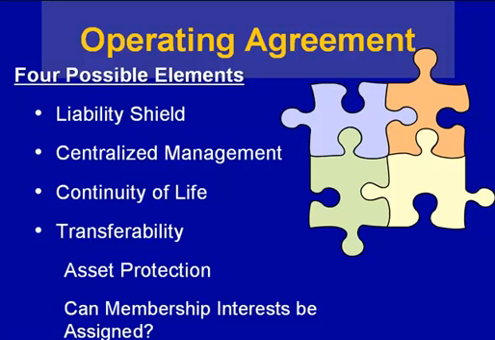So they write liability shielding into it. They write centralized management into it. They write transferability into it. When you get sued, do you know what you got? You don't got corporation. You don't got LLC. You got nothing. No asset protection. And I see that over and over and over again.